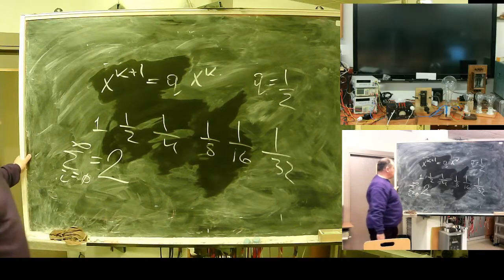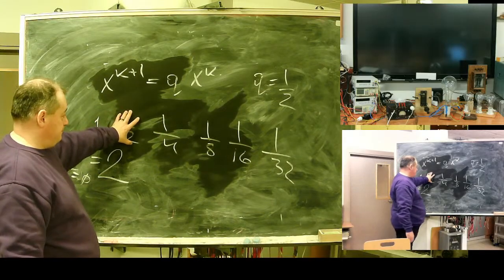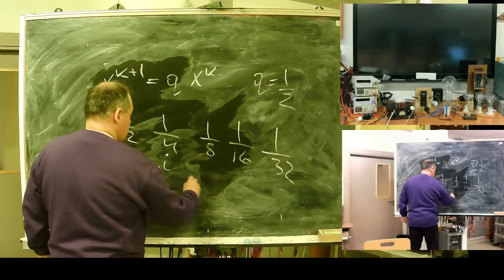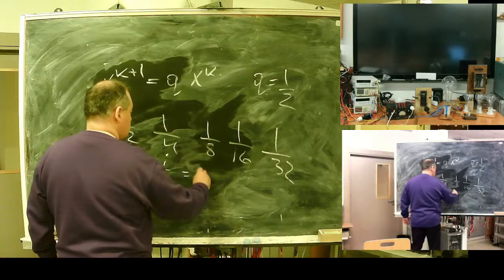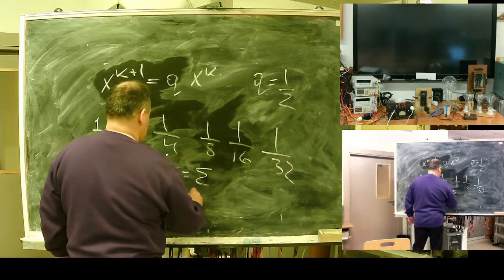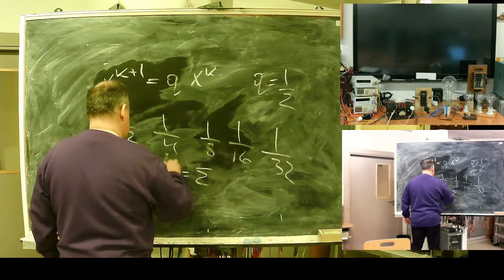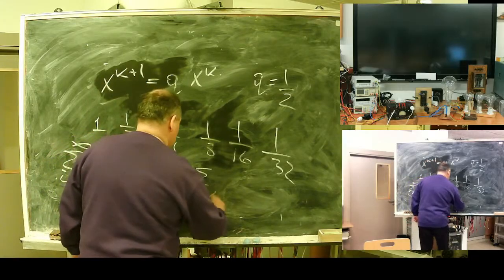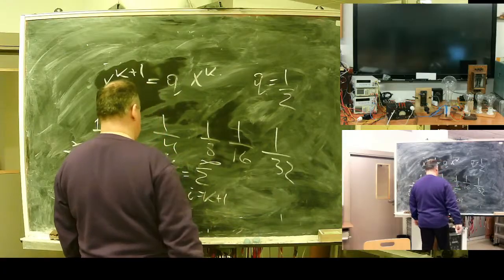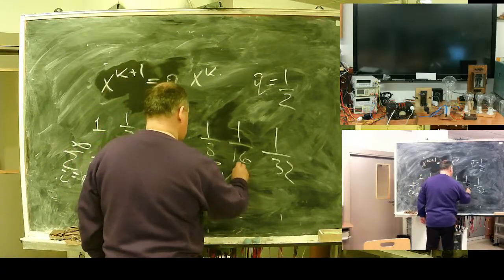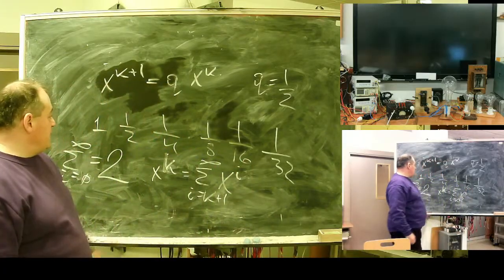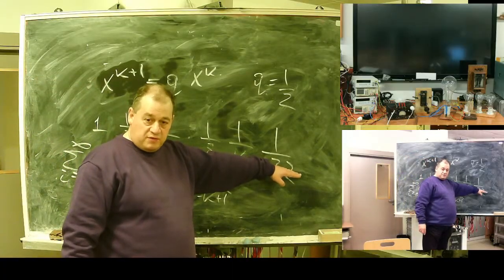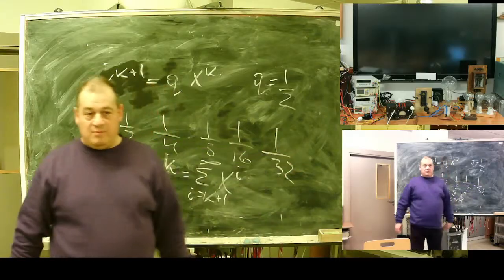And what's interesting, any member x_k is equal to the infinite sum of the later members, where i changes from k plus 1 to infinity.